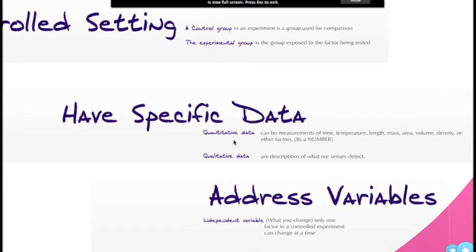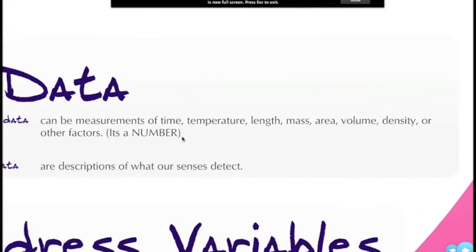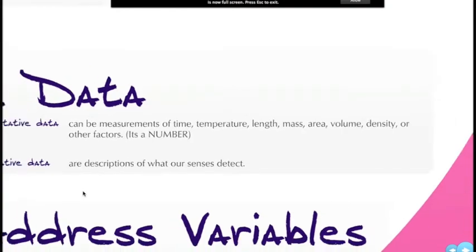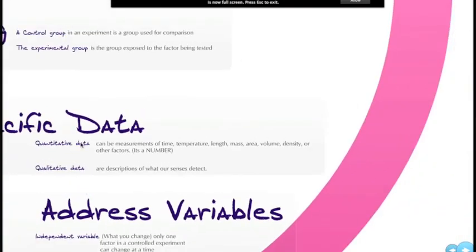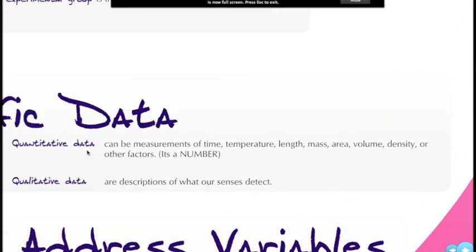Well, once we have the settings set up, now we can see what type of data we want to collect. And the first type of data we could collect is called quantitative. Quantitative means numbers. Quantitative, quantity. It's anything that deals with numbers. Your data could also be qualitative.